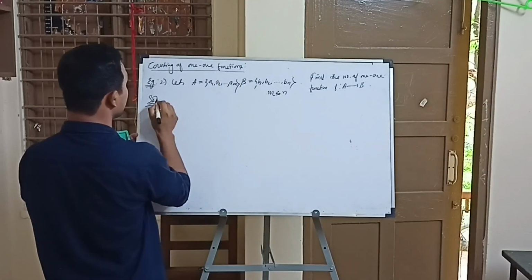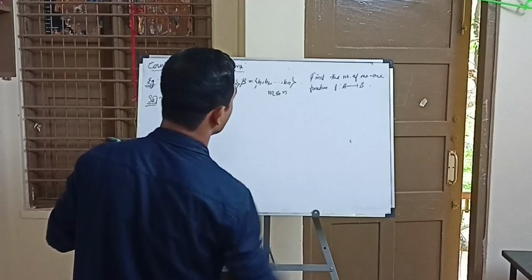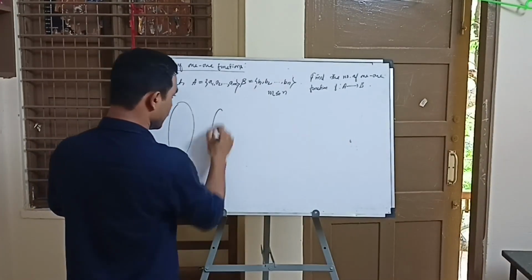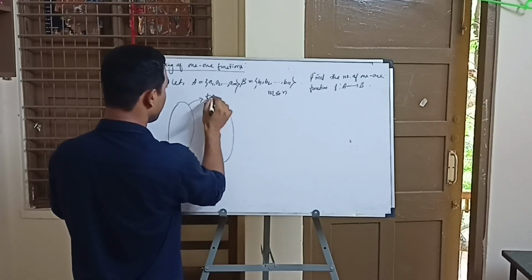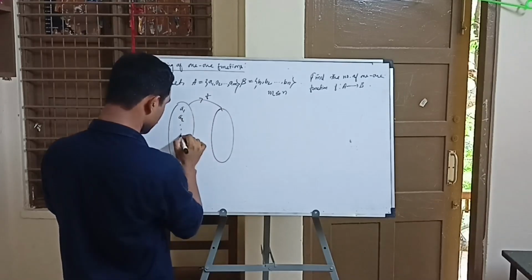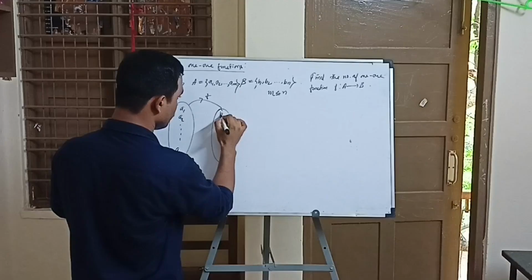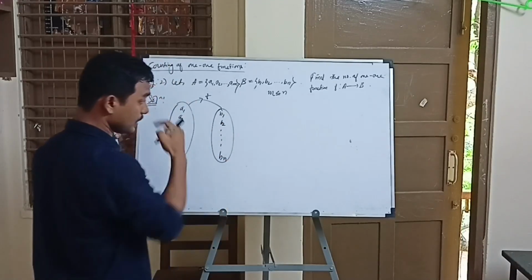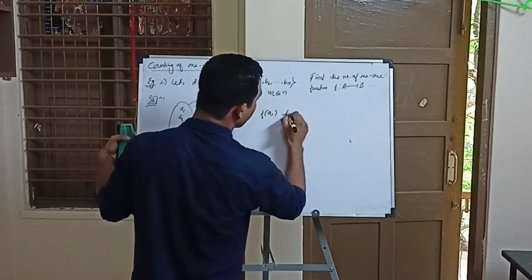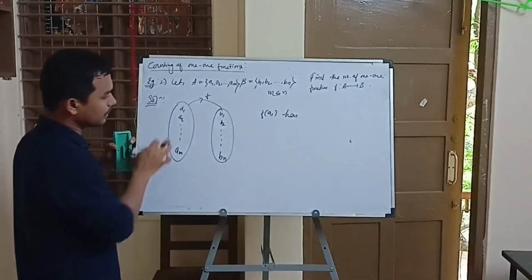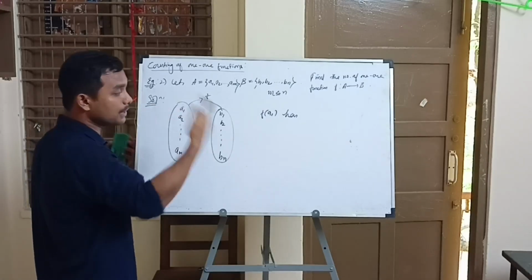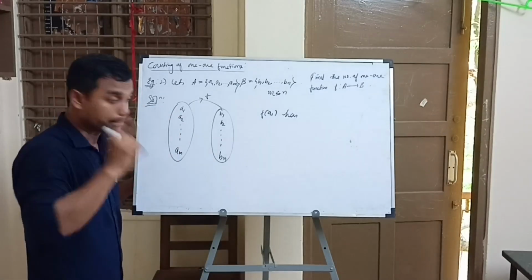Now we have to find the total number of possible one-one functions from A to B. Let me draw a pictorial diagram here. A1, A2, up to Am are here, and B1, B2, up to Bn are here. The image f of a1 has n choices, right? It may be b1, maybe b2, it can be bn.